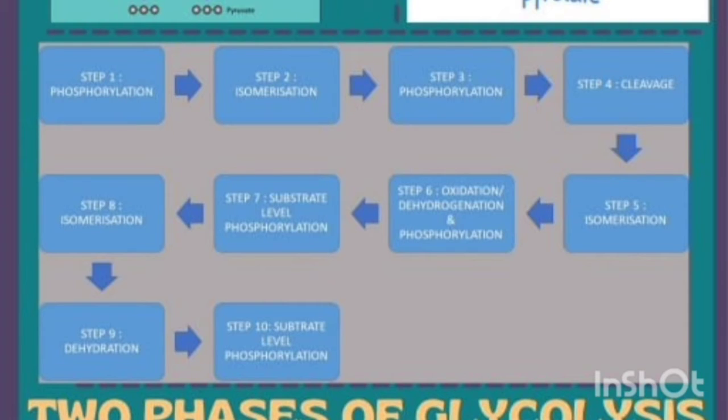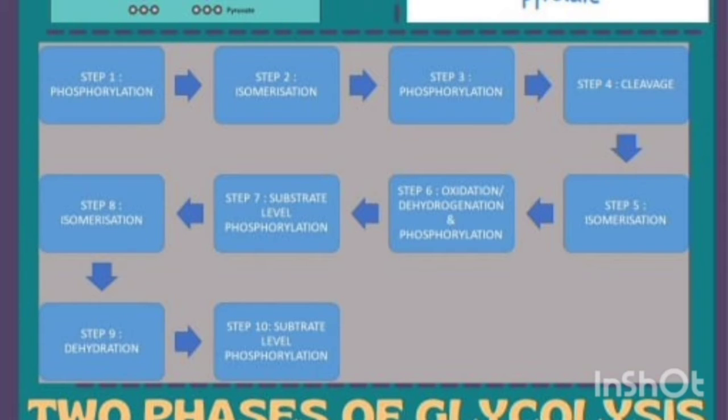The first step is phosphorylation. The ATP-dependent phosphorylation of glucose forms glucose 6-phosphate, catalyzed by hexokinase. The second step is isomerization. The glucose 6-phosphate is rearranged to become an isomer, fructose 6-phosphate.